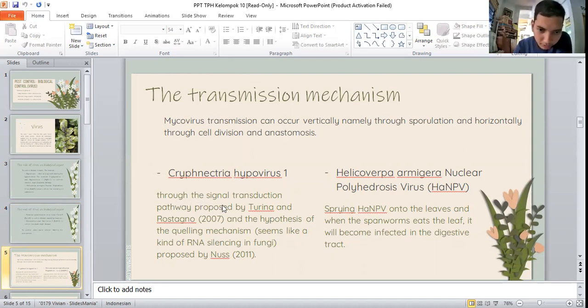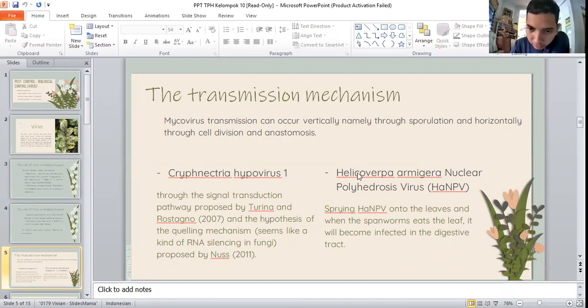Through the signal transduction pathway proposed by Turing and Rostopno 2007. And the hypothesis of the quelling mechanism, which seems like a kind of RNA silencing in fungi, proposed by Nuss 2011.